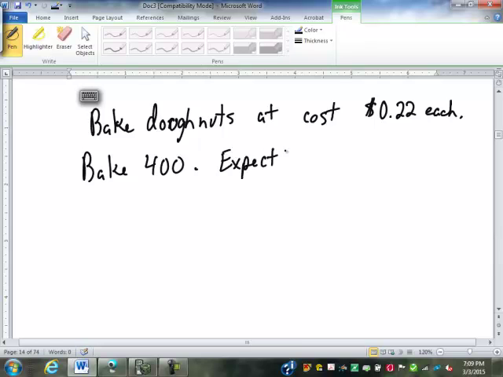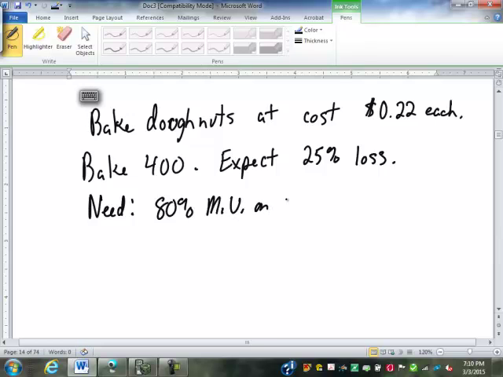You expect 25% loss. I said loss instead of spoilage because part of that 25% is me eating some of them. If you need to achieve an 80% markup on cost, find that required selling price.